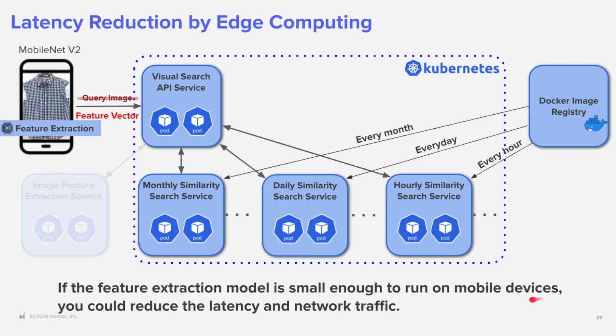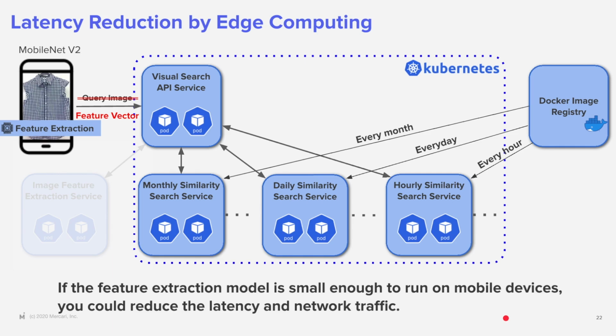If the feature extraction model is small enough to run on mobile devices, you could reduce the latency and network traffic. In the Mercari app, the feature extraction model runs on the server side currently because it's easier to replace the models and do experiments for some feature extraction models.